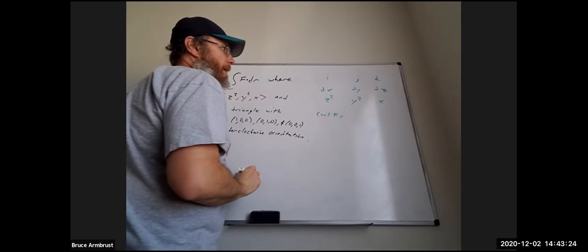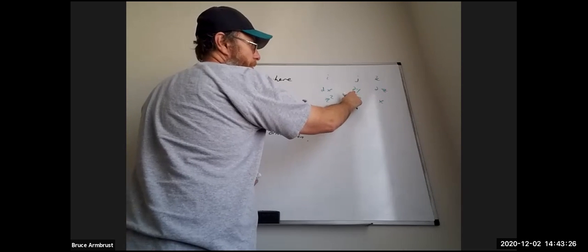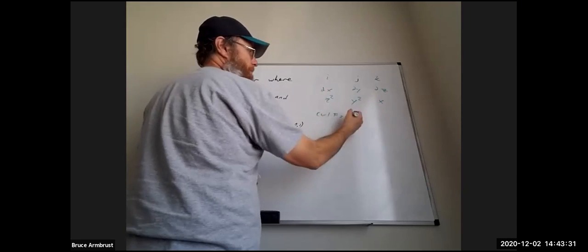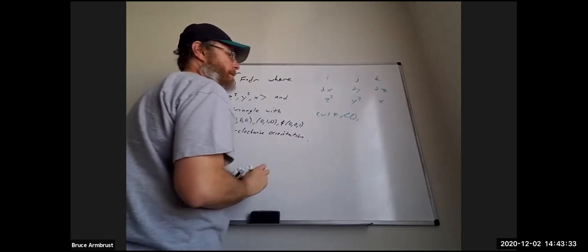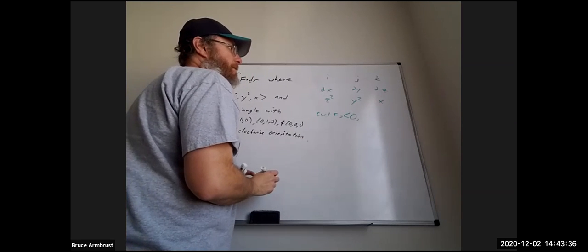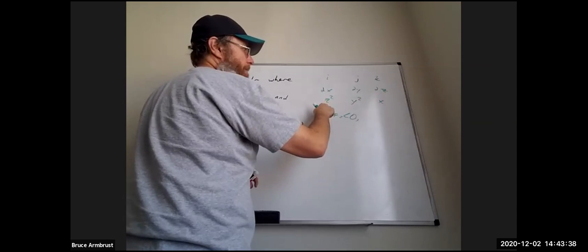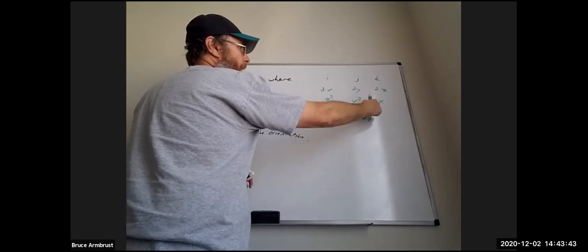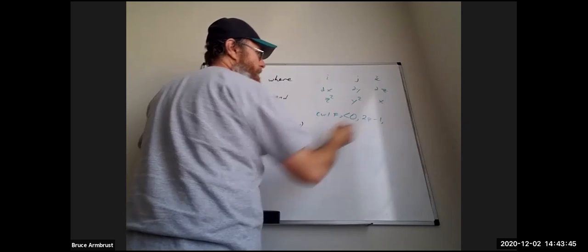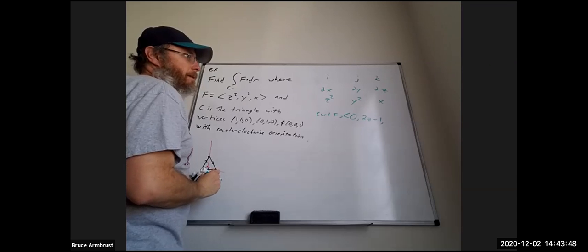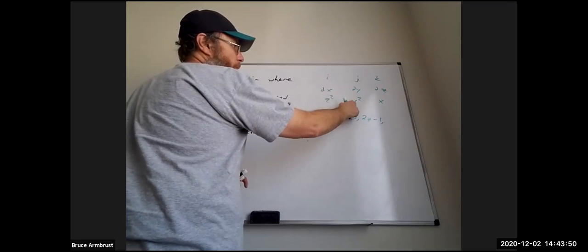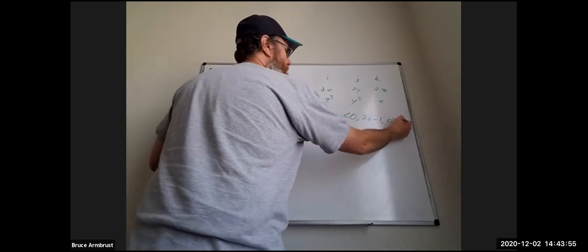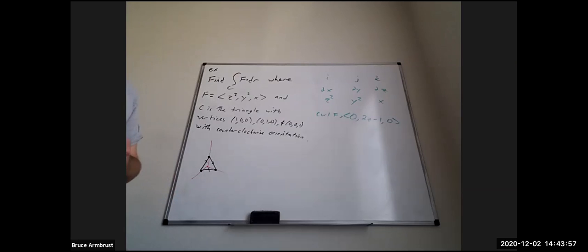All right, so for the curl of F, for the i component we get the derivative of x with respect to y, which is 0, minus the derivative of y squared with respect to z, which is 0. For the j component, the derivative with respect to z of z squared, so that's 2z, minus the derivative of x with respect to x, which is 1, so 2z minus 1. And then for the k component, the derivative of y squared with respect to x is 0, and z squared with respect to y is 0. So there's our curl.